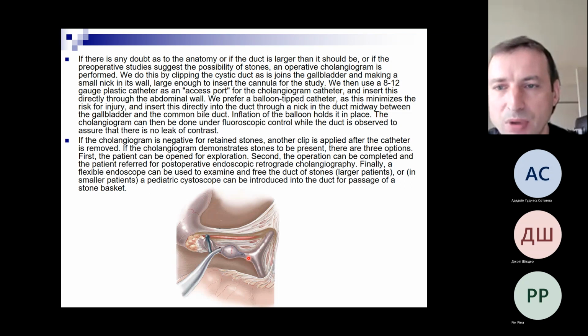Second, the operation can be completed and the patient referred for postoperative endoscopic retrograde cholangiography. Finally, a flexible endoscope can be used to examine and free the duct of stones, or a pediatric cystoscope can be introduced into the duct for passage of a stone basket.